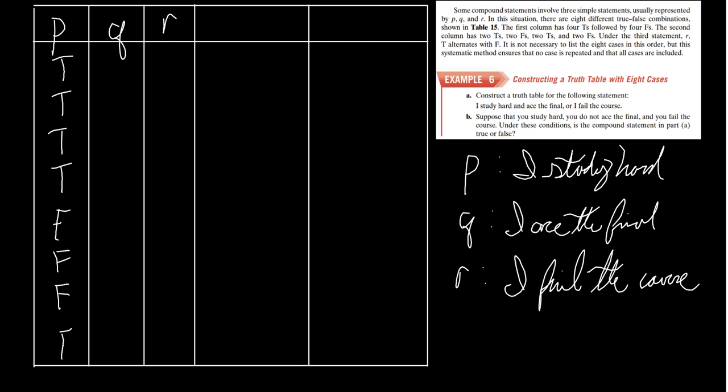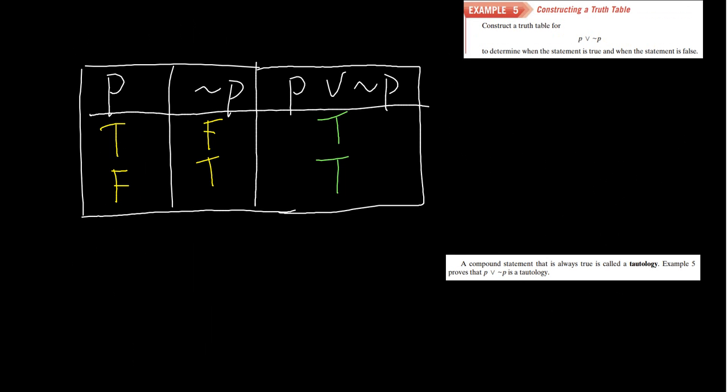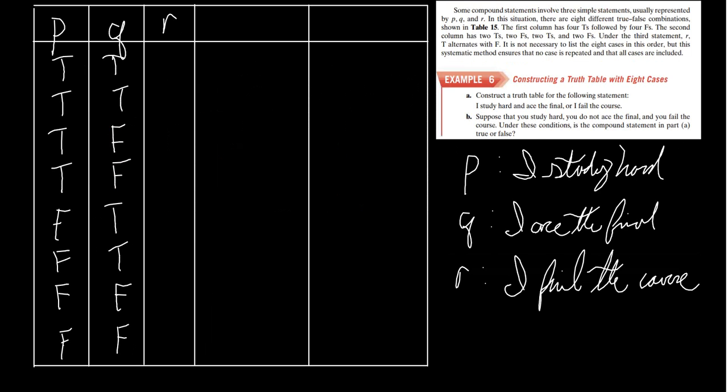Okay. And then I know Q is going to be true, true, false, false, true, true, false, false. And I guess that's a good pro tip for the first two columns. And then we have what?